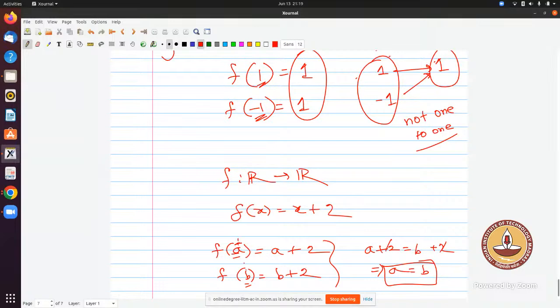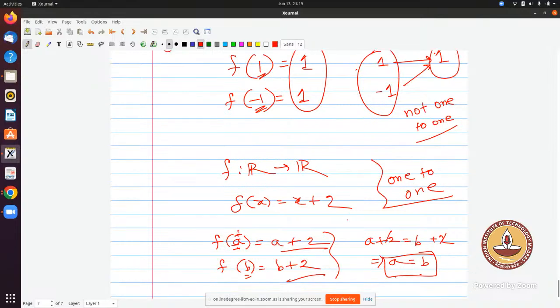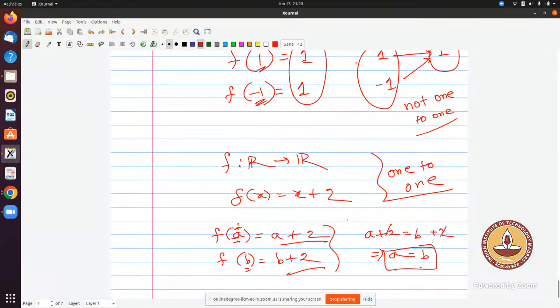A and B cannot be different if they have to go to the same element. They only go to the same element when the element is the same. When A and B are equal, then only the output will be the same. Otherwise, the output will never be the same. Right? So this is a one-to-one function. Clear? Yeah, it's good, sir. So one-to-one is clear.